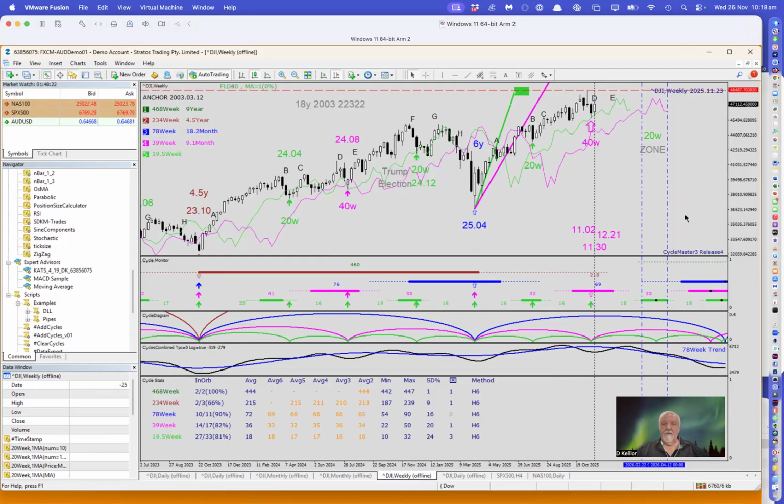The most recent low, which this phasing has as a 6-year low, is pushing to the upside. The 40-week cycle has just occurred, and all smaller cycles within that 40-week have also occurred, and they're all pushing to the upside.